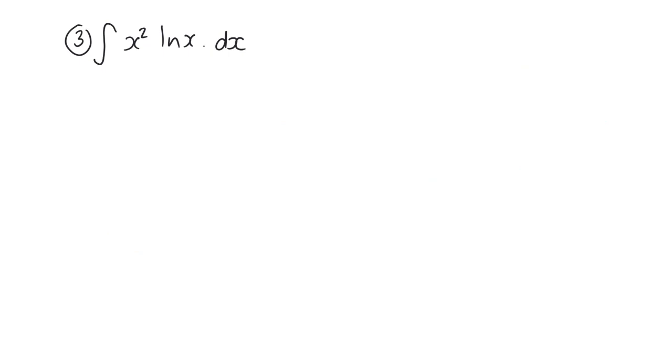So I said that normally the first term in the product would be your u, and your second one would be dv by dx. The only exception to that is an ln question. So in this question, x squared ln x, we have u equals ln x, so it means du by dx equals 1 over x, and our first term here becomes dv by dx.